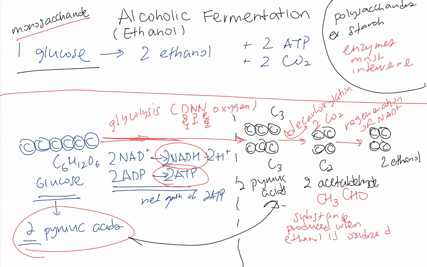And in that process of turning the acetaldehyde into ethanol, the NADH is going to turn into 2 NAD+, 1 from each acetaldehyde.